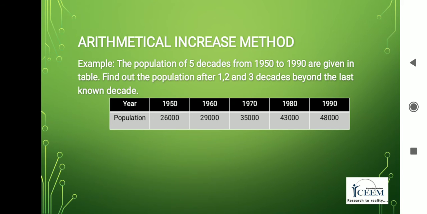The statement of the problem is: the population of 5 decades from year 1950 to 1990 is given in the table.